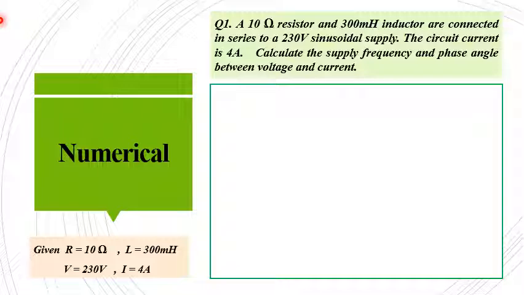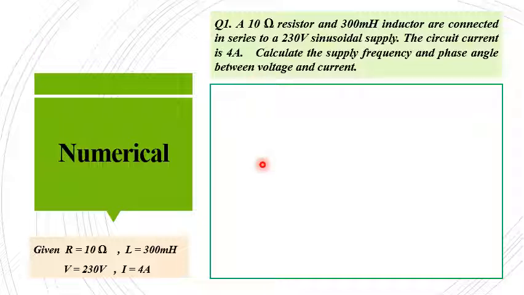For instance, the peak supply voltage is 250 volt, or the average value of voltage is 200 volt, or something like that. If nothing is specified about the nature of the voltage, then it is an RMS value. So here we can say that VRMS is 230 volt and IRMS is 4 ampere. And in the question we need to calculate the supply frequency F and also phase angle phi.